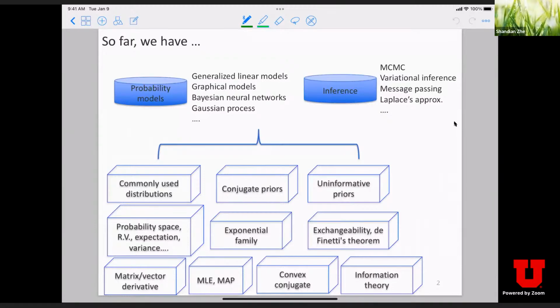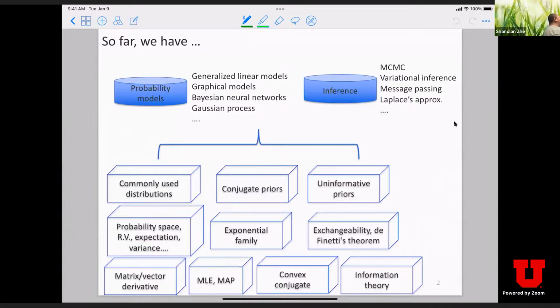So as we emphasized before, if you want to design a probabilistic model, it's like building a house. You need to prepare some basic units, like bricks, steel, and frames.